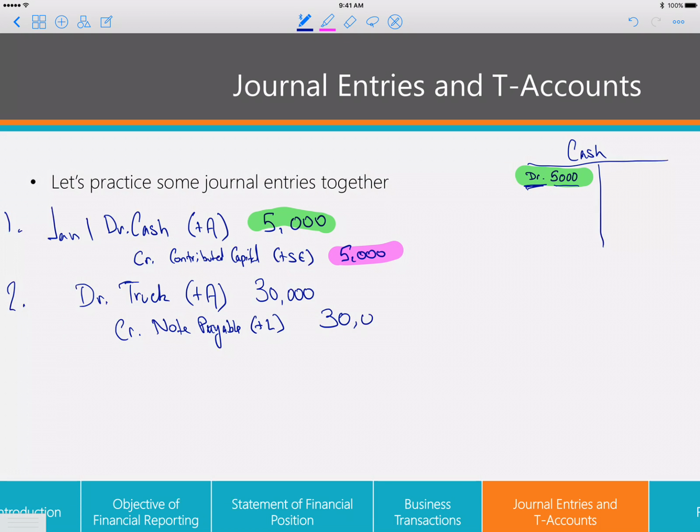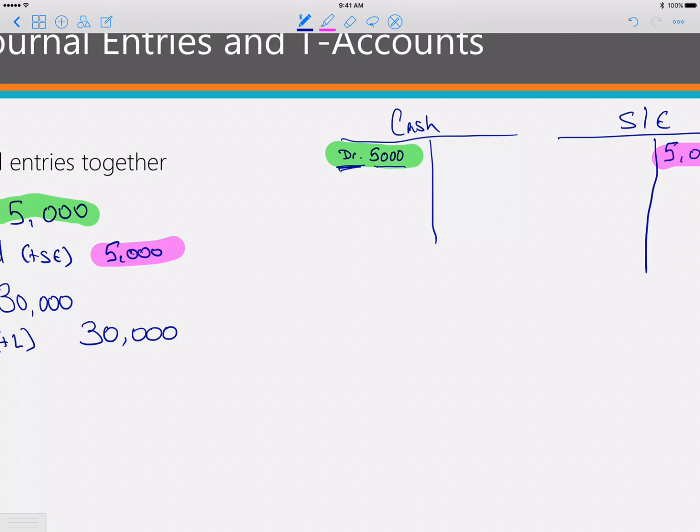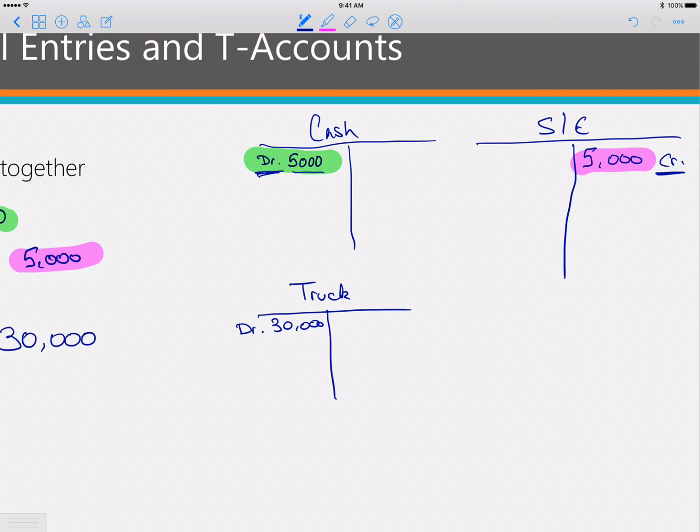So we credit this for $30,000. So let's create some T accounts for it. So we have our truck account here, and we debit it for $30,000. And we have our note payable. And remember, note payable is a liability, and we credit this for $30,000.